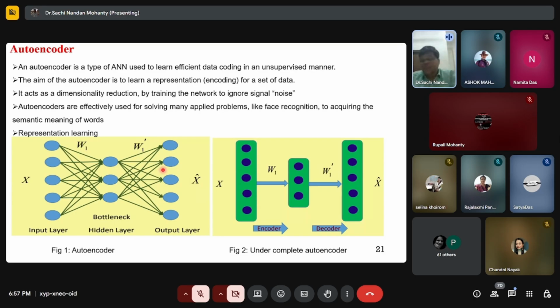This process is called representation learning. And many types of autoencoders are there: the undercomplete autoencoder, the sparse autoencoder, the stacked autoencoder. So many autoencoders are there. We have to find out which autoencoder to use, and for what type of domain, with respect to your particular data set.